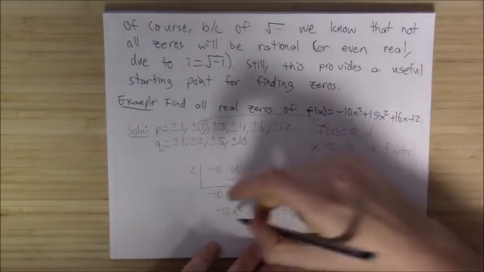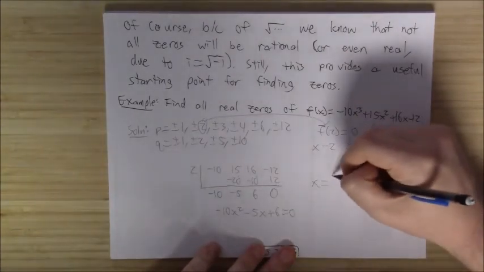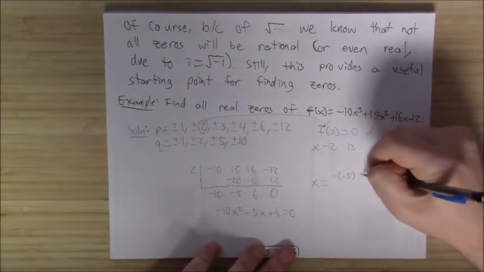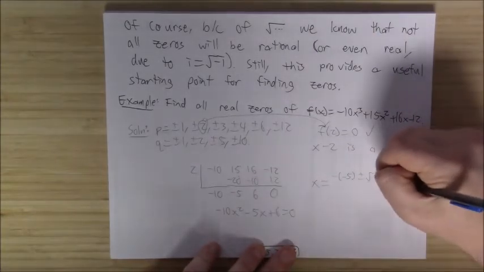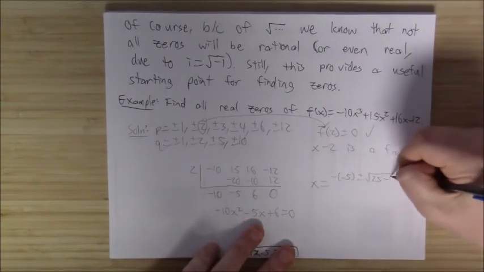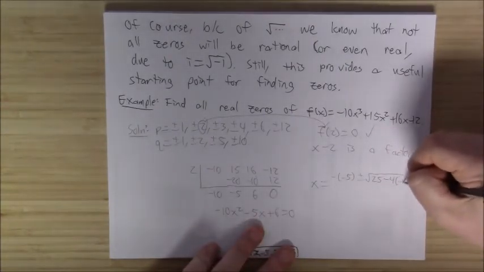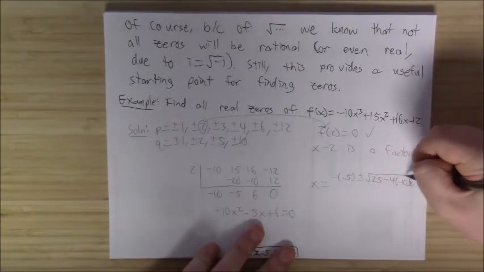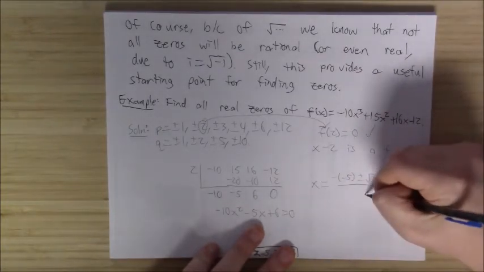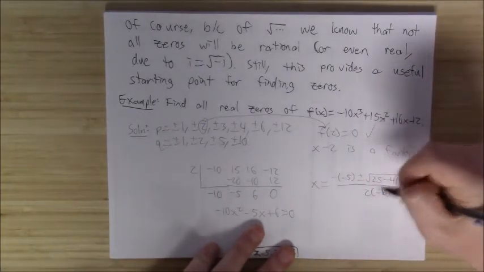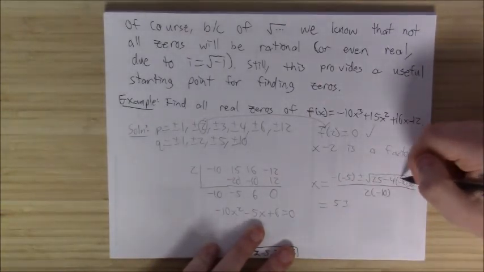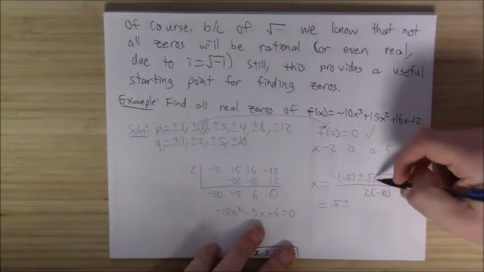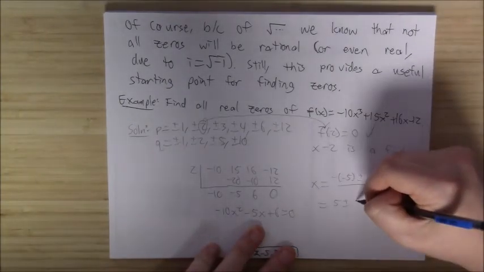We have x equals negative 5 plus or minus the square root of b squared, which is 25, minus 4 times a, which is negative 10, times c, which is 6, all over 2 times negative 10. We have 5 plus or minus square root of 240 plus 25.